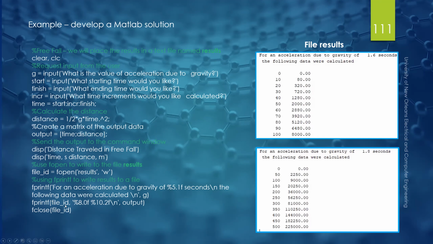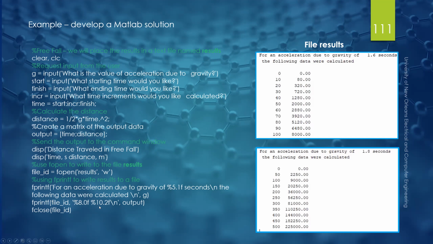So this statement is going to look into the file that I just opened. I gave it the name results, and I have permission to write to it. I'm going to start putting information in, and I have a placeholder with 8 characters and 0 decimal places, and it's going to be a floating type.